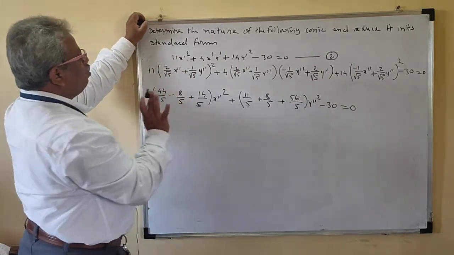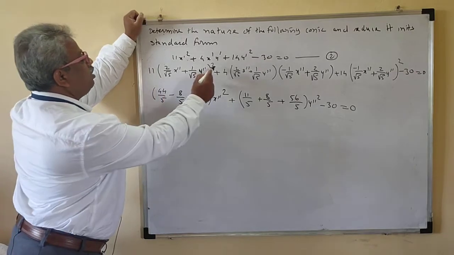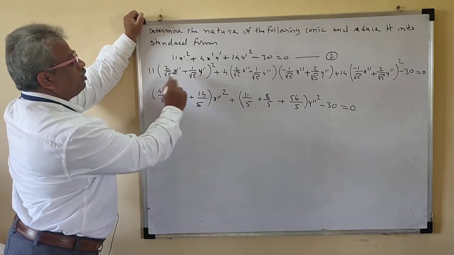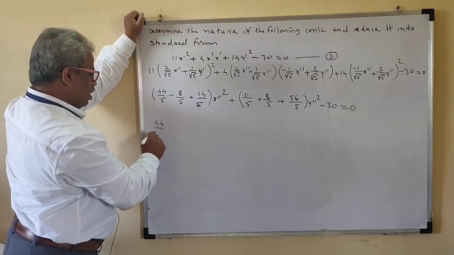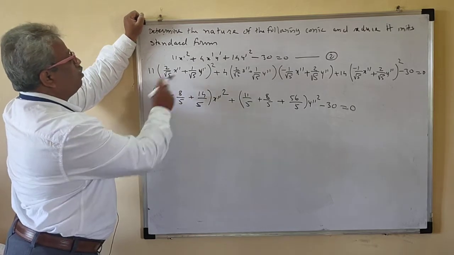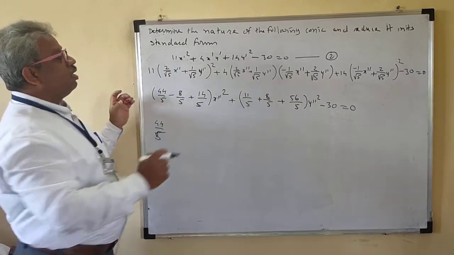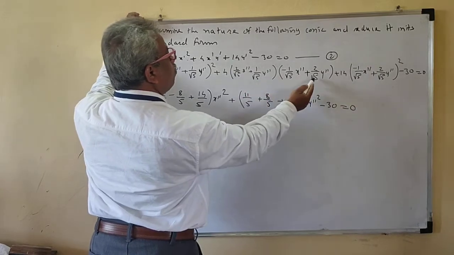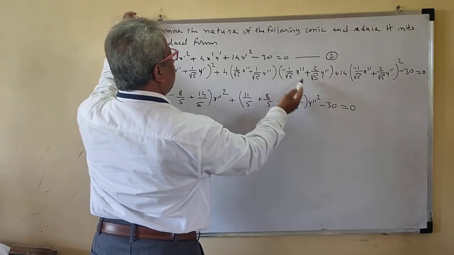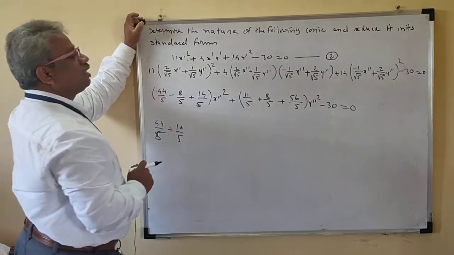Okay. So now we'll collect the coefficient of x double prime y double prime for our convenience. Here we are taking the square of this one, so the middle term is what? 4 times, this is 44 by 5 only. Here the coefficient of x double prime y double prime: this is 4 by 5, so 16 by 5, because there is a 4 outside. You have to take care of this one.